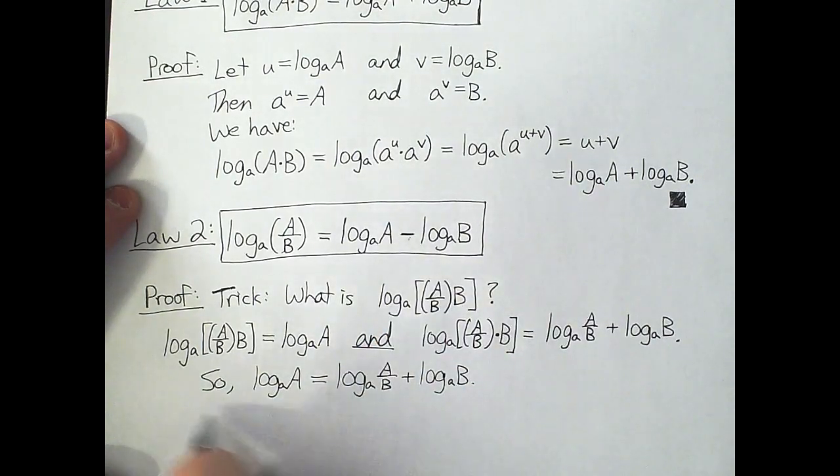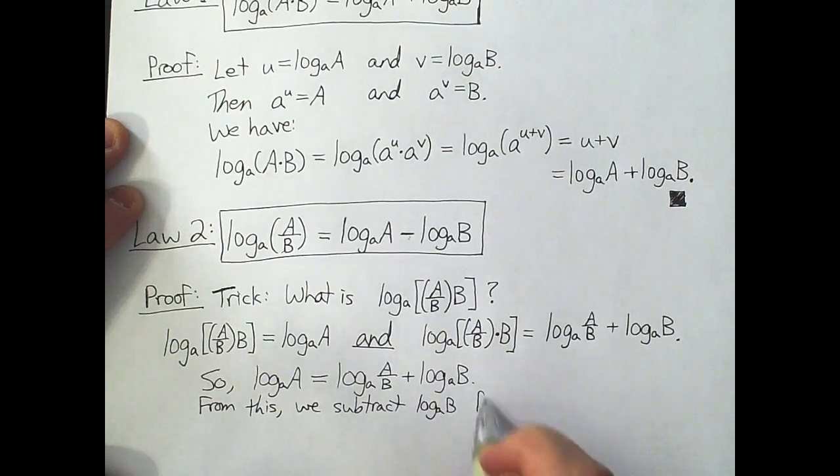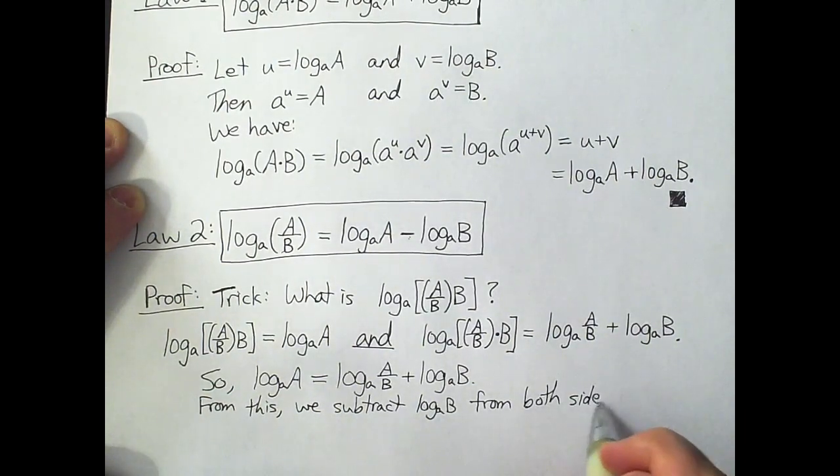And I'm going to say that from this we can rearrange it. From this, we like to write sentences when we write proofs. From this, we subtract log A B from both sides to get, look what happens if I subtract that from both sides.